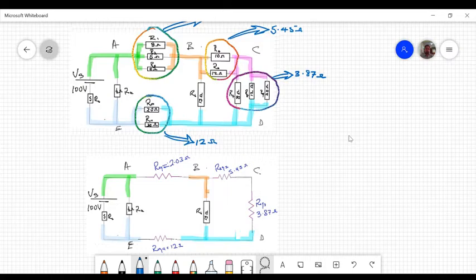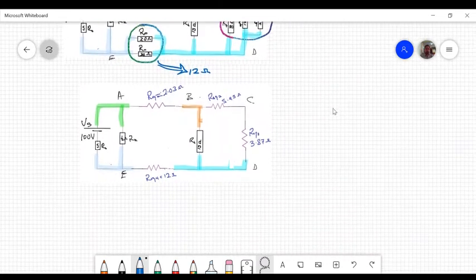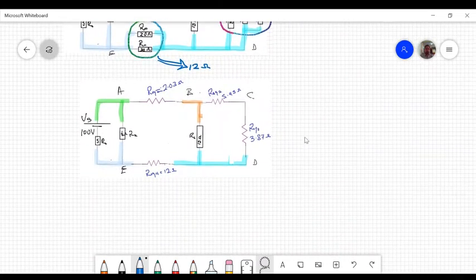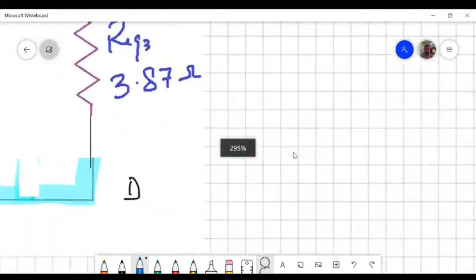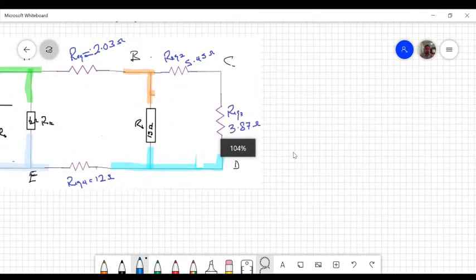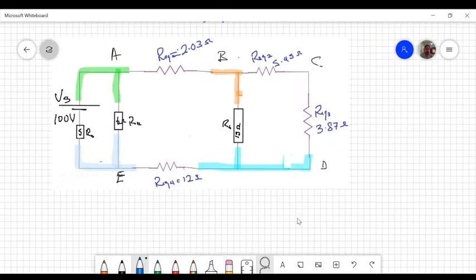So electrically speaking, I haven't changed the circuit at all. So we can now proceed to analyze this new equivalent circuit.